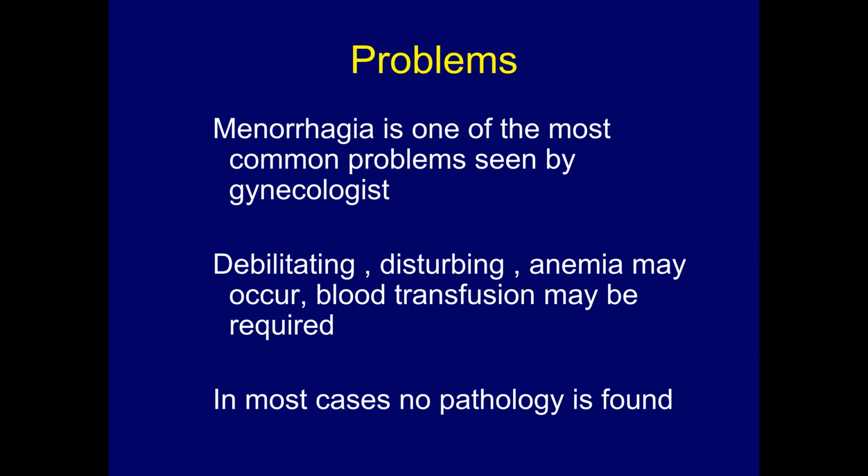Some people get anemia, debilitating. Some people need blood transfusions. So life quality, and in certain cases, the seriousness of the need for blood support and transfusion led a lot of people to try to understand what's the pathology there.